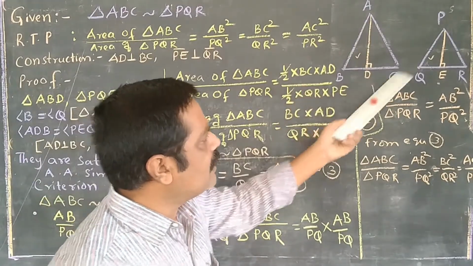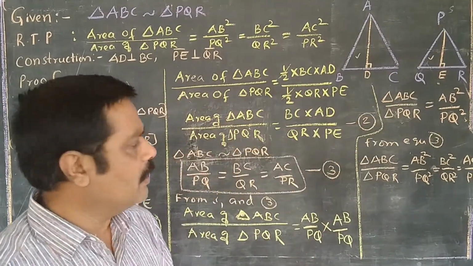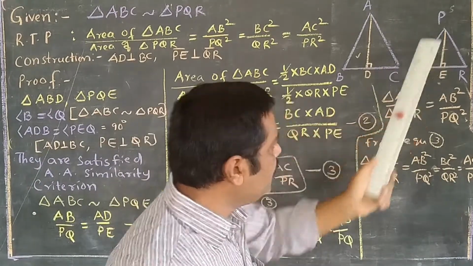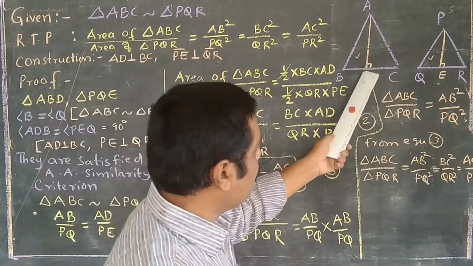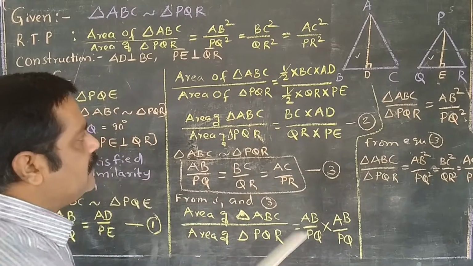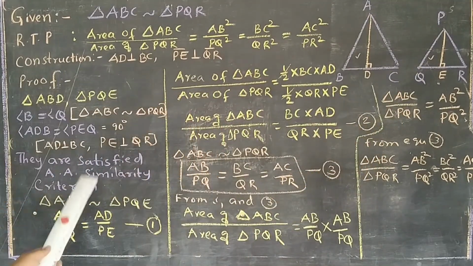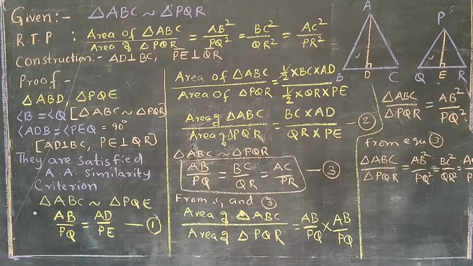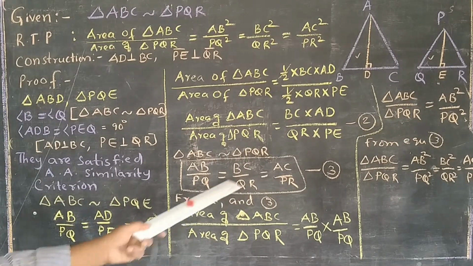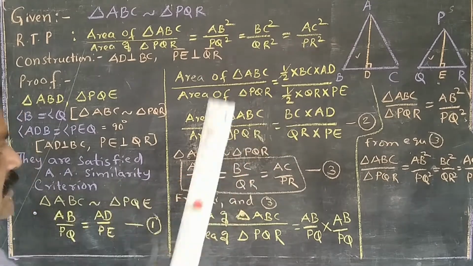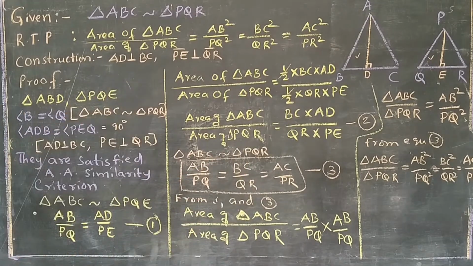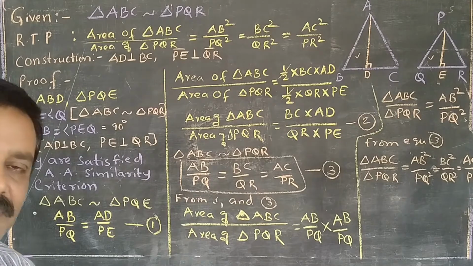Instead of the perpendicular heights, you treat these two as medians, meaning the midpoint. Then you show these two triangles are similar, and we get the same up to here. Again, instead of BC by QR, you write AD by PE. You get AD square by PE square.